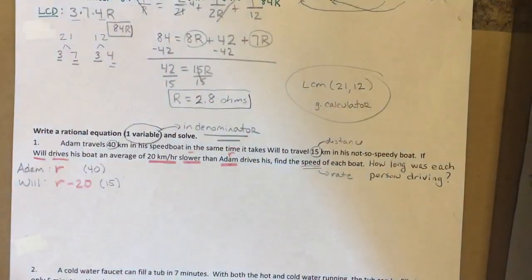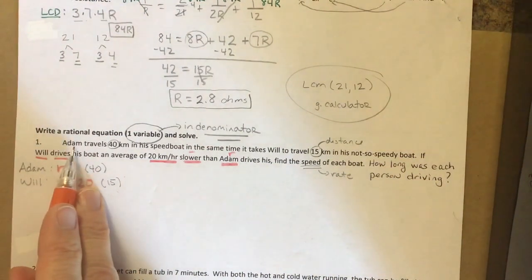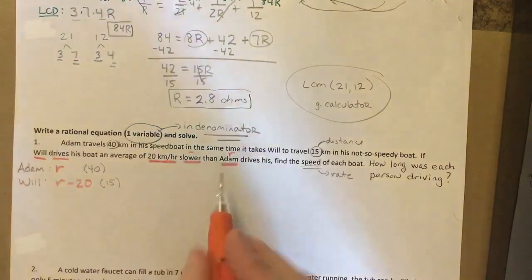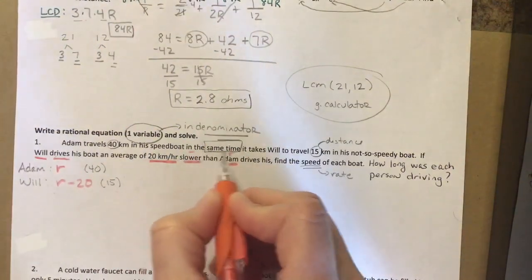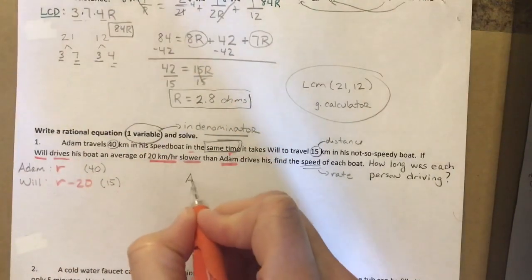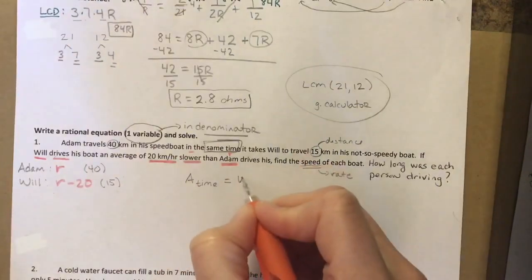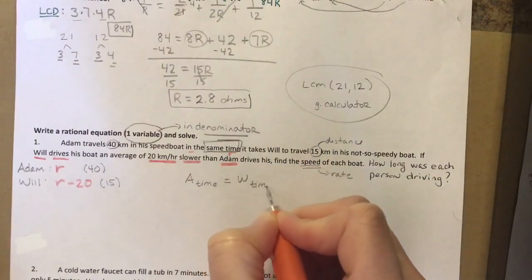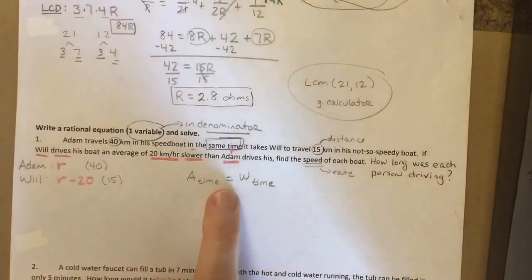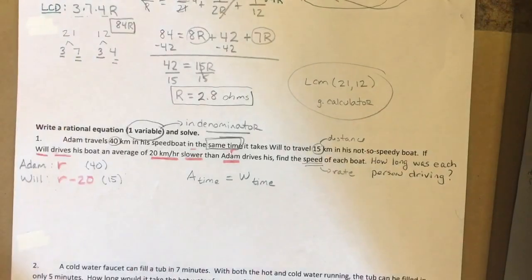And then we know that Adam traveled his distance in the same time as Will. So I know Adam's time equals Will's time. That right there is an equation. However, do I know the times? No, I don't know the time.